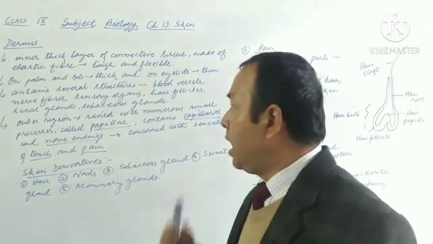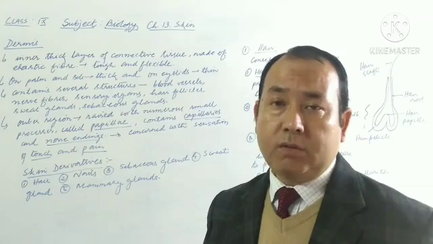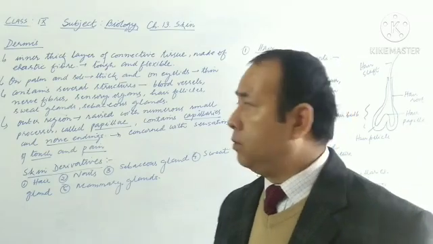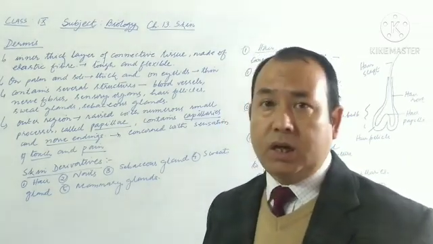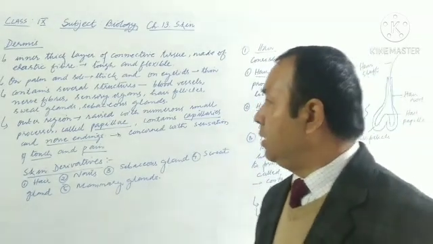Like here I included the point, on the palm and sole, the dermis is usually thick, whereas if you talk about the skin in the eyelids, it is usually thin.